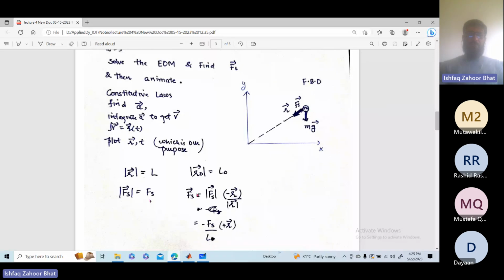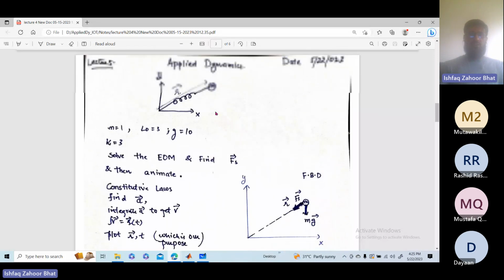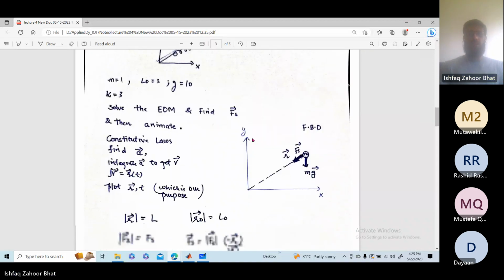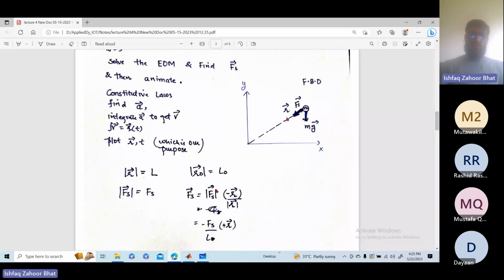Now we can see that this spring force always acts along the spring. Okay, if the spring is in this direction, this spring force will act along this line. So if this is r, this Fs will act along minus r. So the magnitude of this force is mod of Fs, and the direction of that force is in the negative direction of r.